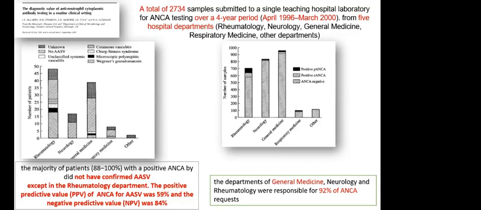The analysis showed that general medicine was responsible for 92% of ANCA requests, followed by neurology and then rheumatology. And the majority of patients with positive ANCA, about 88%, didn't have a confirmed ANCA vasculitis, except in the rheumatology department.